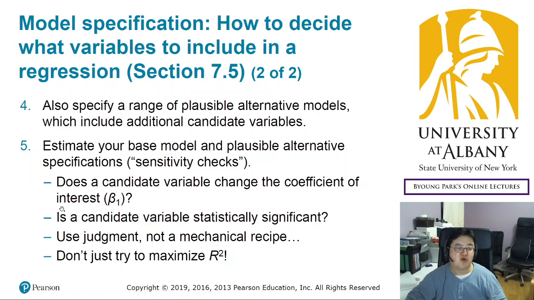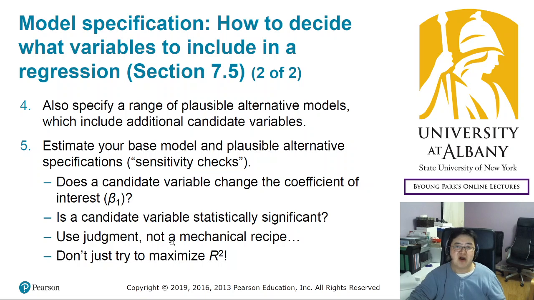But as I said before, statistical procedure is just a secondary way and cannot be the main decision rule. The main decision rule must be your judgment, your research motivation, and your view of the world, what you think about the problem.